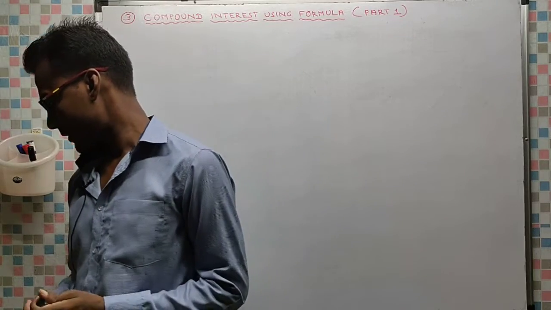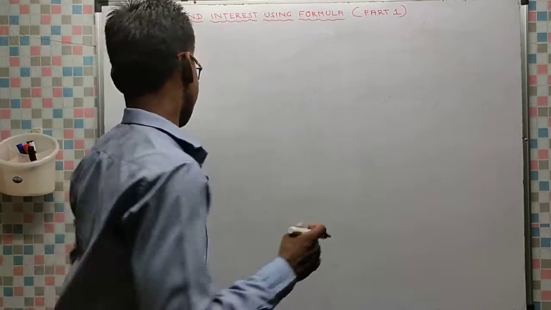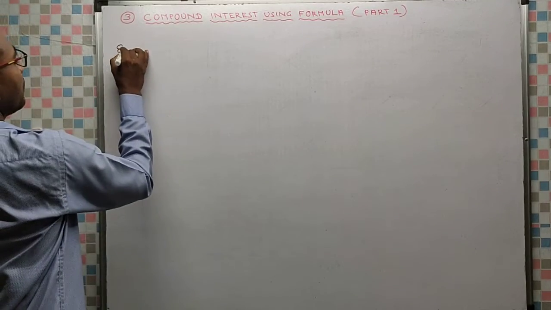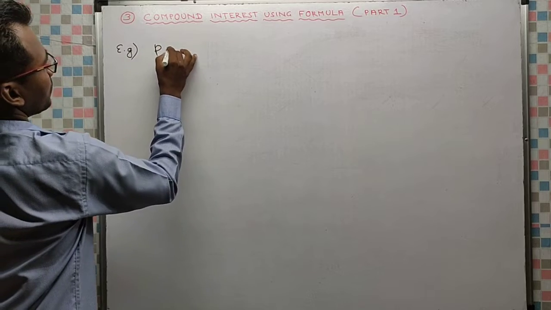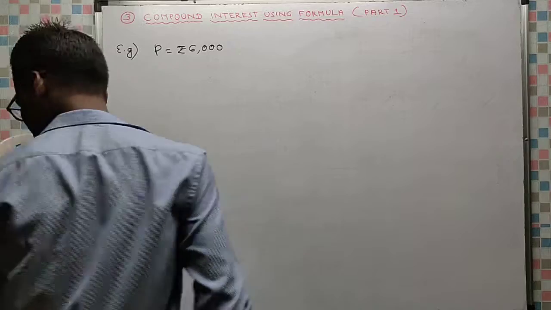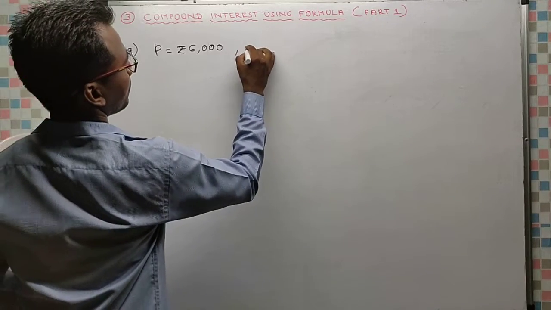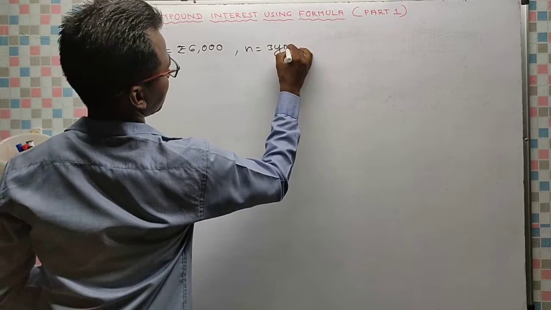Calculate the compound interest accrued, means collected, on rupees 6,000. Principal is equal to rupees 6,000 in 3 years. N is equal to 3 years.